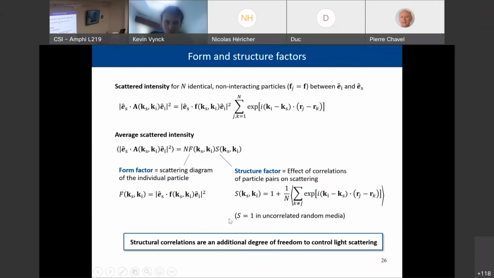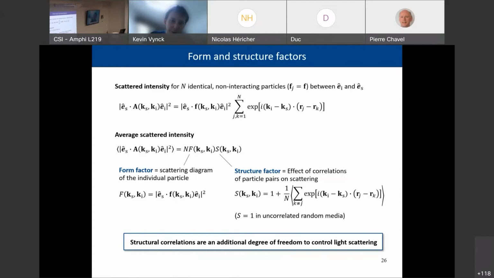So the structure factor and the form factor are very classical. They are very well known. You can find that in many textbooks. This is a very classical definition. But what is important there is really to notice that in terms of scattering of light by particles, I have shown in the second part of this presentation that you can engineer the shape of the particles. So you are basically playing on the form factor of your system.